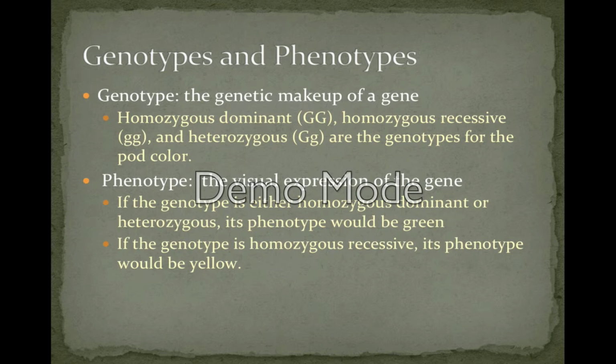And phenotype is the visual expression of the gene. So if the genotype is either homozygous dominant or heterozygous, its phenotype would be green in the case of the pod color. If the genotype is homozygous recessive, its phenotype would be yellow. So it's basically what we would see that would be our phenotype.